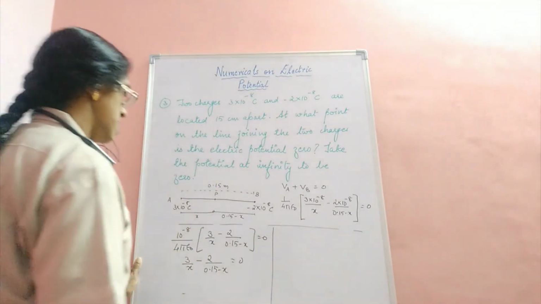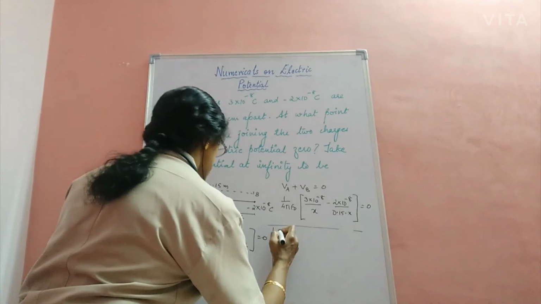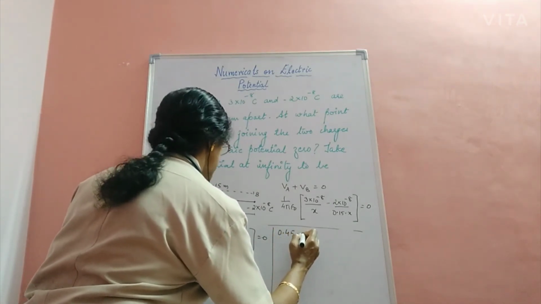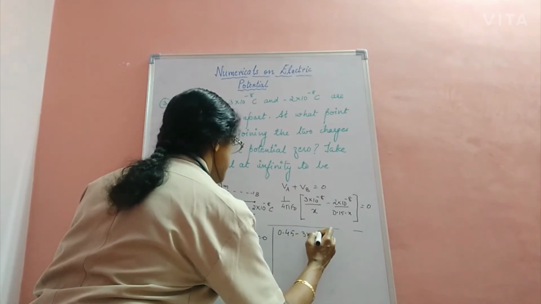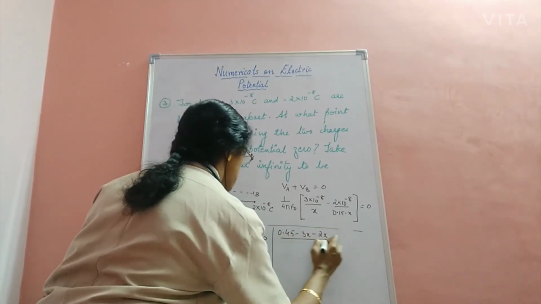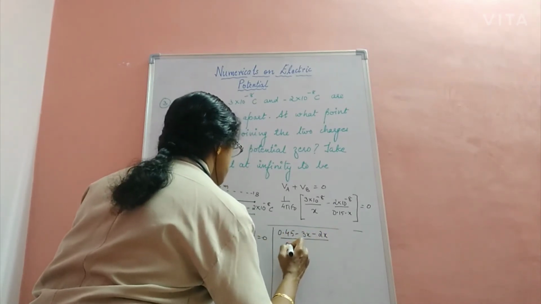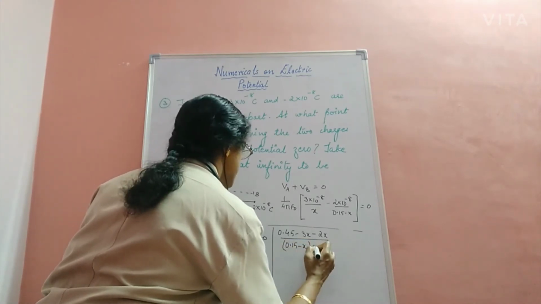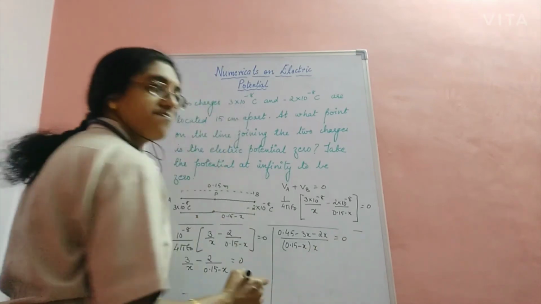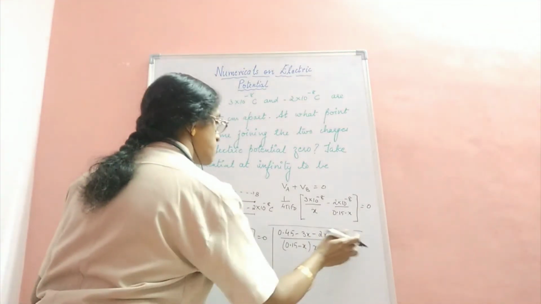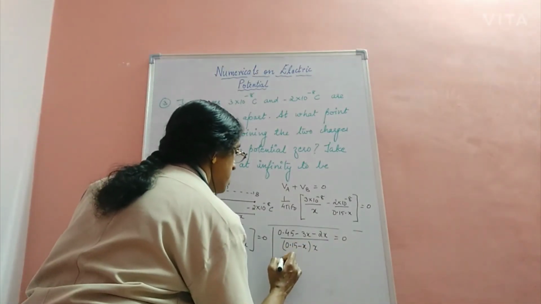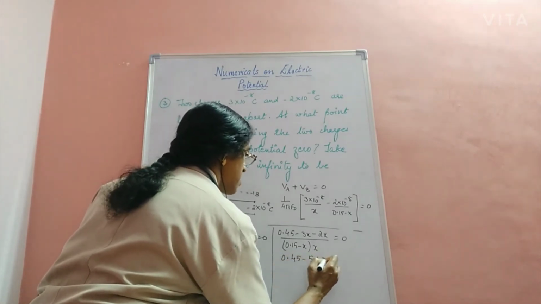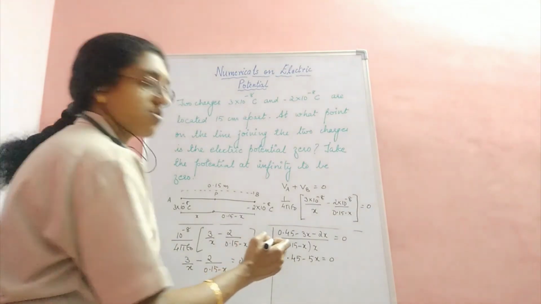Right? Now, so it would be 0.45 minus 3x minus 2x upon 0.15 minus x into x, should be equal to 0. Taking this term also to the other side, I will be left with 0.45 minus 5x is equal to 0.